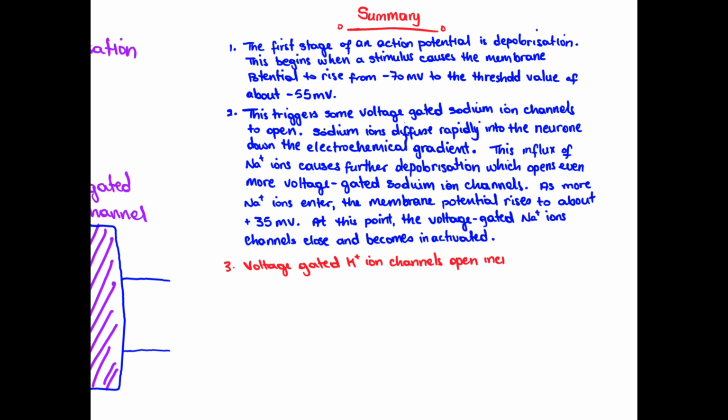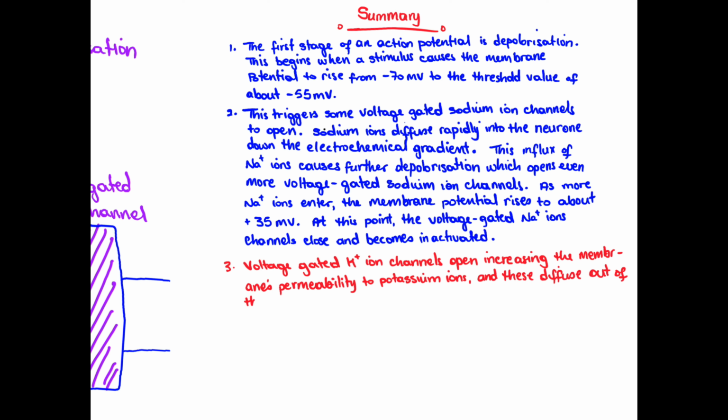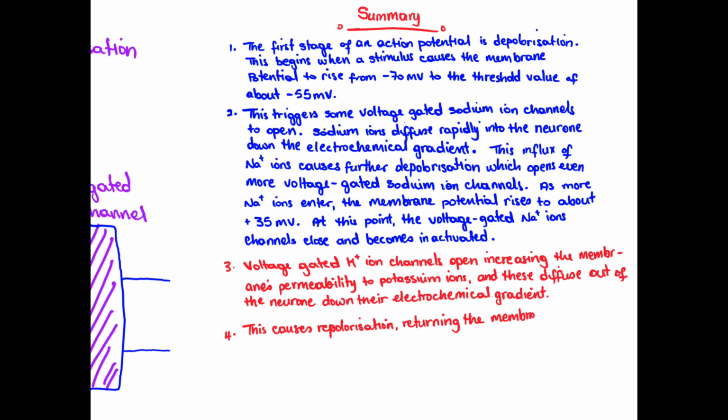Step 3, the voltage-gated potassium ion channels open, increasing the membrane's permeability to potassium ions, and these diffuse out of the neuron down their electrochemical gradient. Step 4, this causes repolarization, returning the membrane potential towards its resting value.